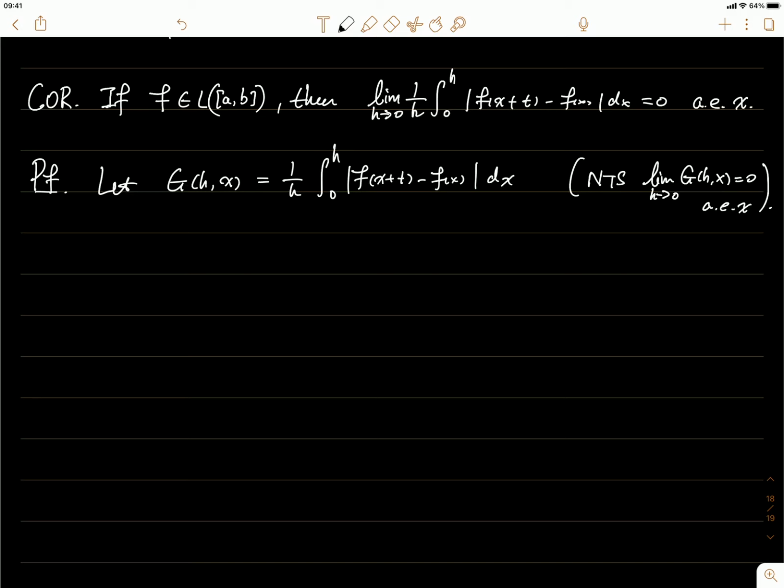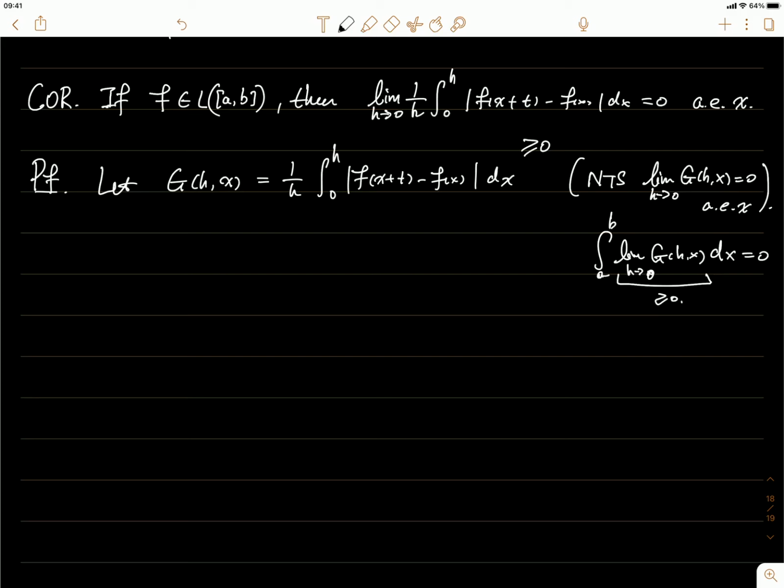Okay, and apparently this is greater than or equal to 0. So if we can show that the integral of the limit of g(h, x) equals 0, then since it is greater than or equal to 0 and the integral is equal to 0, that means this integrand is equal to 0 almost everywhere, right?